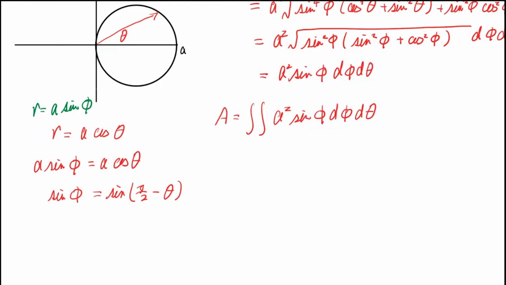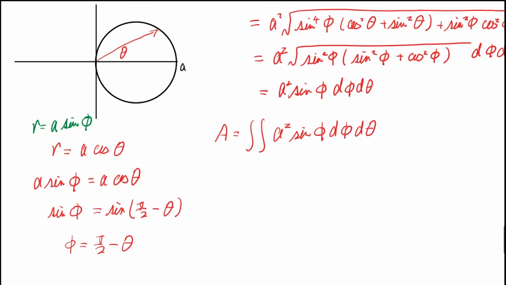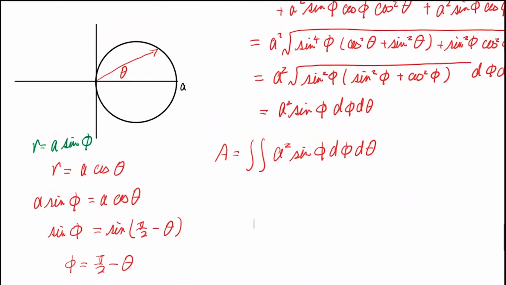Do you remember that one? So our phi here now is pi over 2 minus theta. That makes sense to you? I know it's not an easy thing to swallow. The limits of integration are the tough thing in this business, eh?